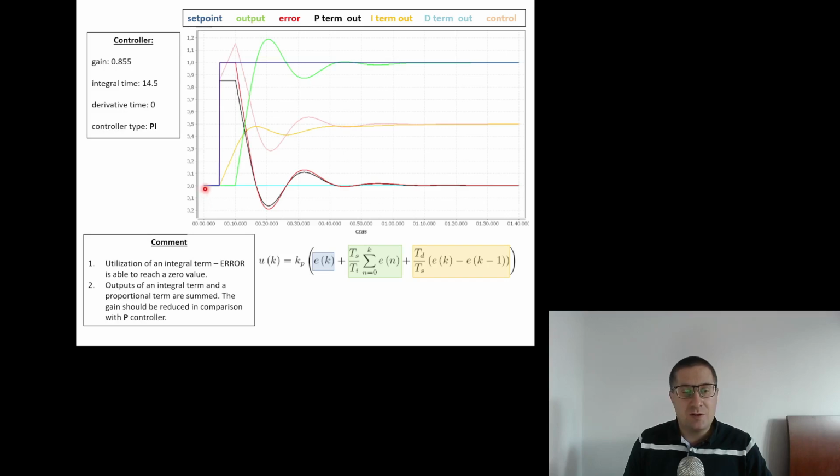The set point changed from 0 to 1, as in the previous example, and of course the error changes from 0 to 1 as well, but the control signal looks different. So on the one hand, we are reacting to the current value of the error, and this is the output of this P term, proportional term. If the error is 1, and the gain of the controller is 0.855, the value of the control signal is here.